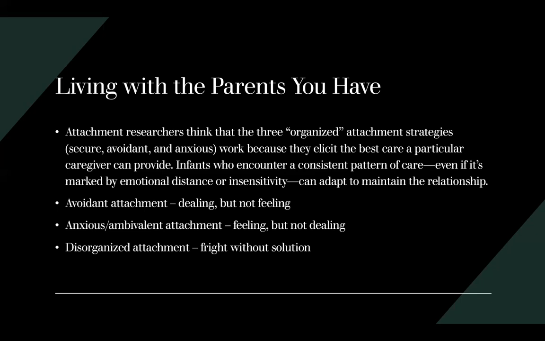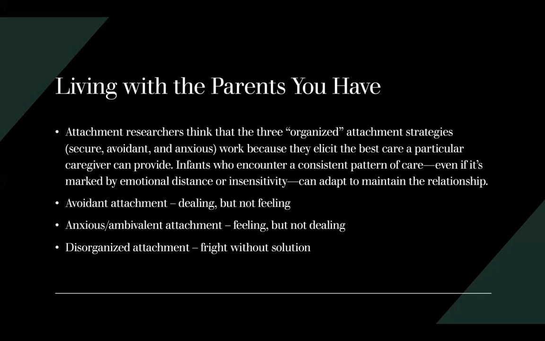Many attachment theories use the example of a playground, where with an anxious attachment, the child is distressed when their caregiver leaves, but not soothed when the caregiver comes back.